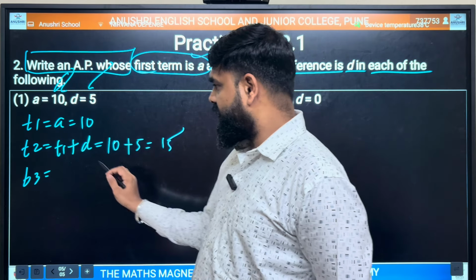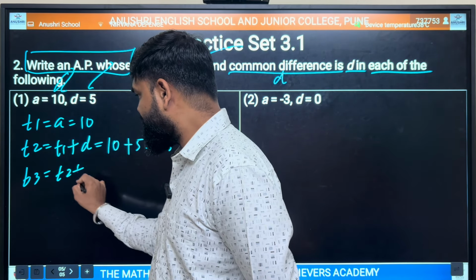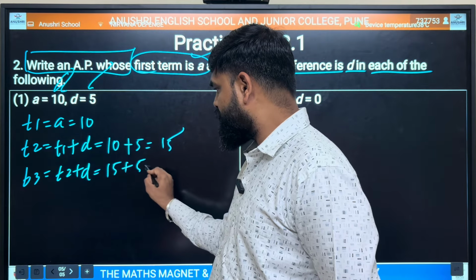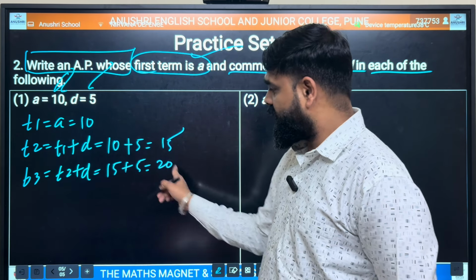So we have got this second term. After that, T2 plus D. So T2 is 15 plus our D is 5. So we got here 20.